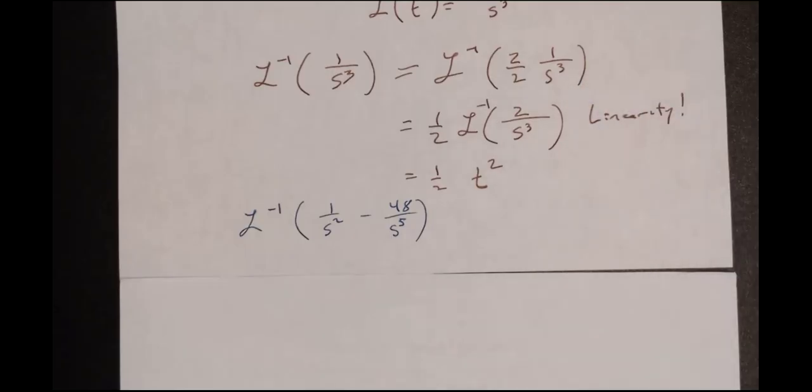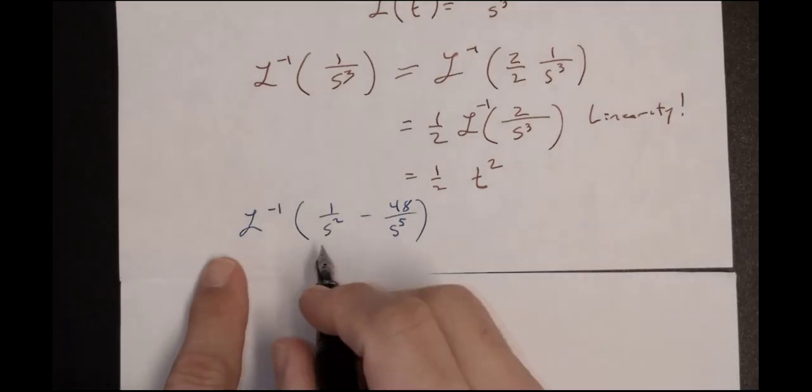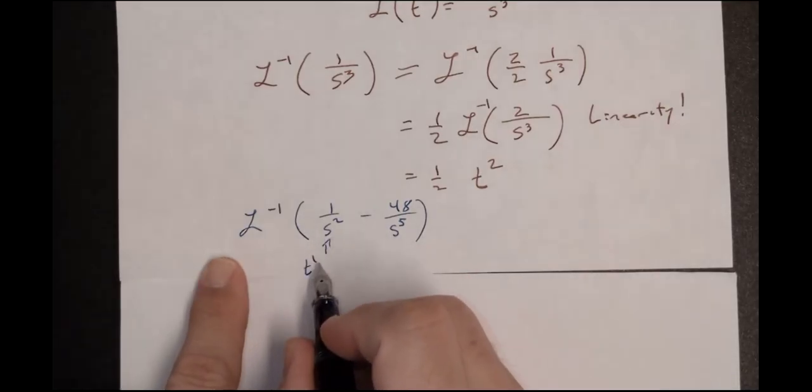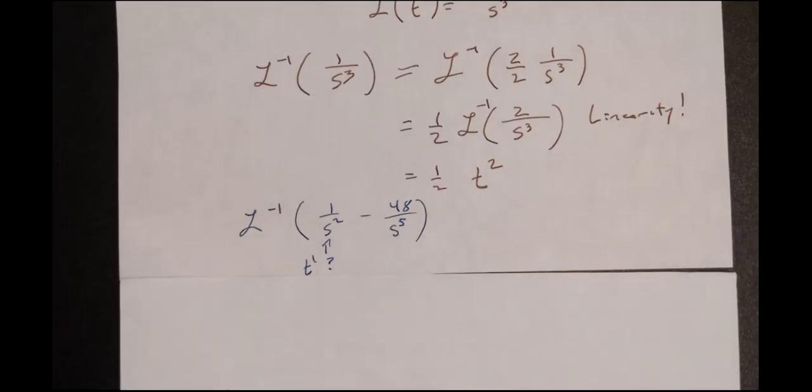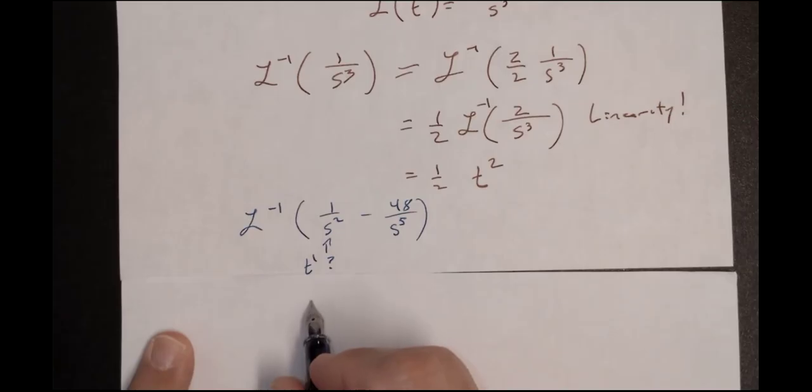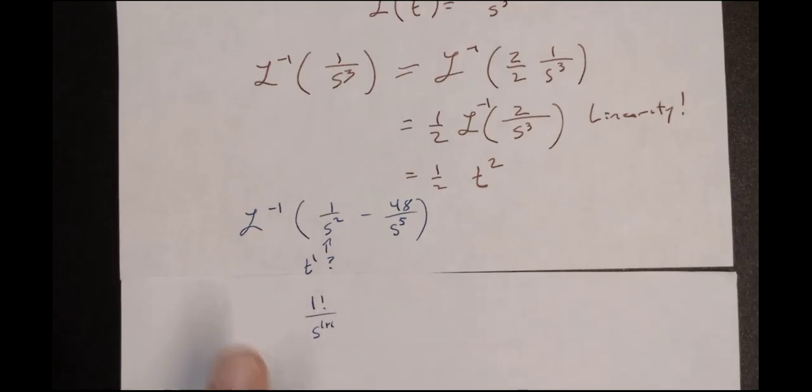So the s squared should be what power of t? T to the first. Okay. But now I have to check and see if that's actually the right formula, because it should be n factorial over s to the n plus 1. If it was t to the first, it would be 1 factorial over s to the 1 plus 1. What's 1 factorial? Perfect. So that part is right.